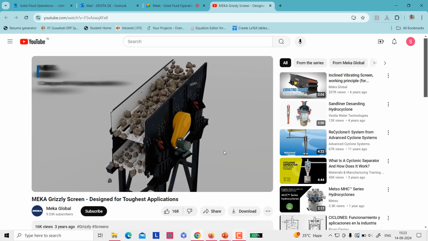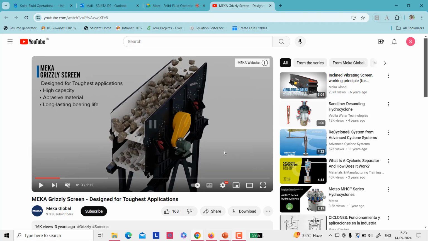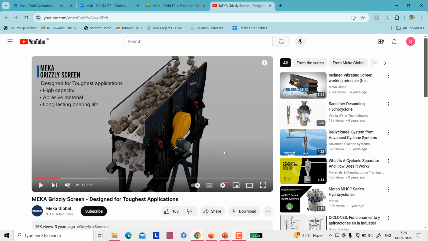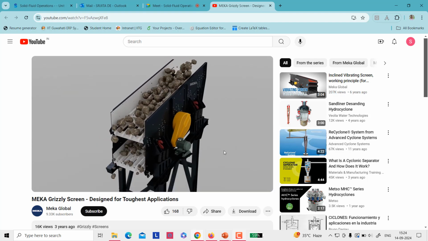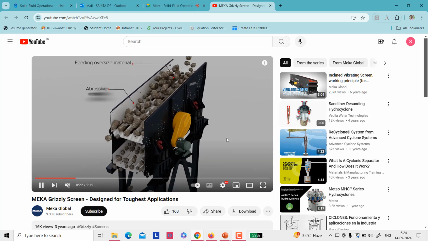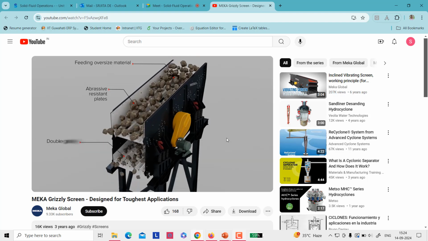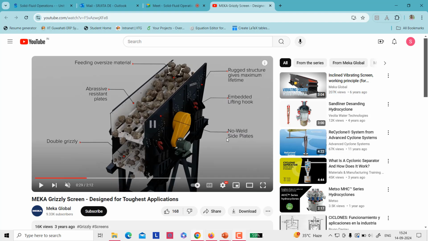If you see this stationary grizzly, you can see that it is constantly vibrating also, and the mixture of feed particles are there, some of the bigger size and some of the smaller size, and they are separated through this mesh. It's feeding oversized particles, abrasion resistant plates, and double grizzly material. This is the rugged structure.